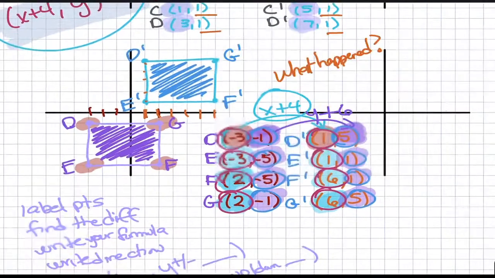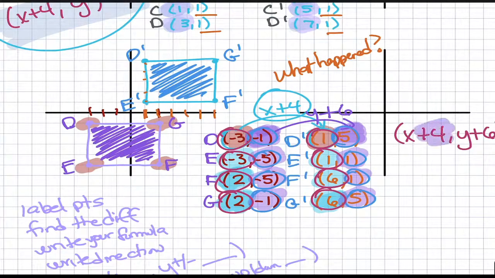Let's rewrite it as something a little more neat: x plus 4, y plus 6. And how do you represent that, left or right? Well, I see a +4, so that should be right 4. And this +6 should be up 6, because we're talking about y.